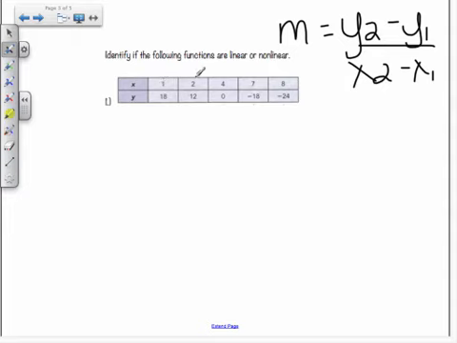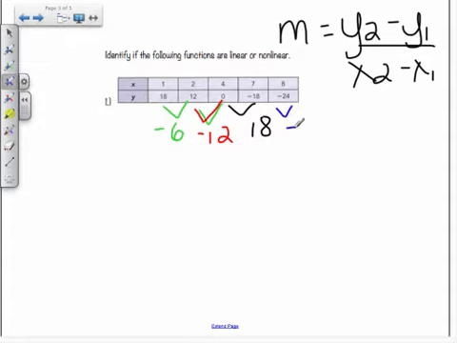So what I'm going to do is I'm going to look at what values I have here. So from 18 to 12, it's decreasing by 6. From 12 to 0, let's use a different color, it's decreasing by 12. All right. From 0 to negative 18, this is decreasing by 18. And then from negative 18 to negative 24, this is decreasing by 6.